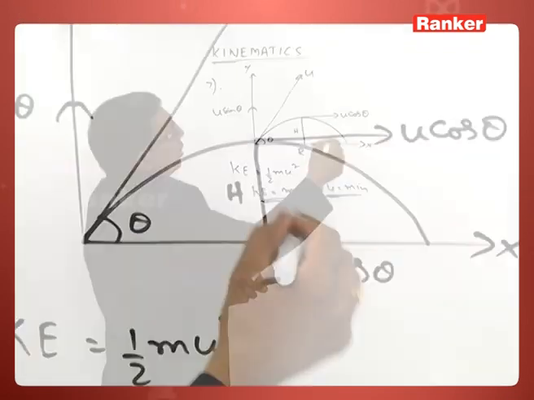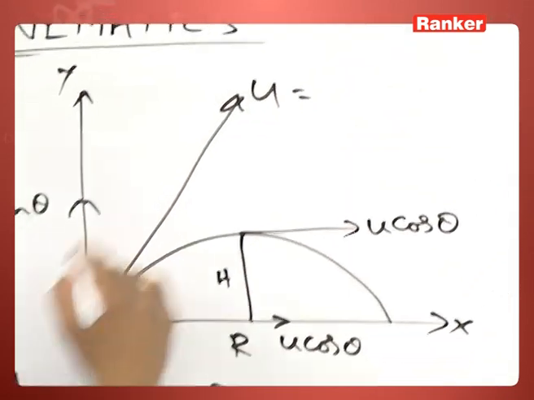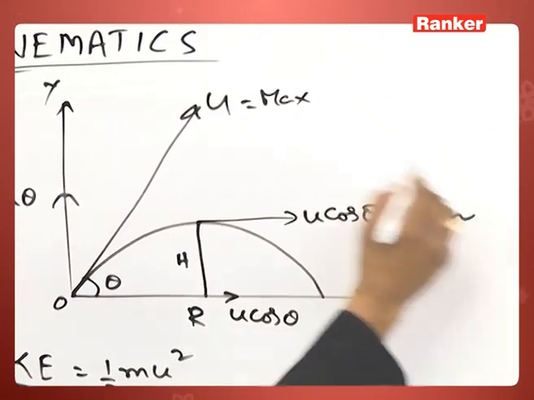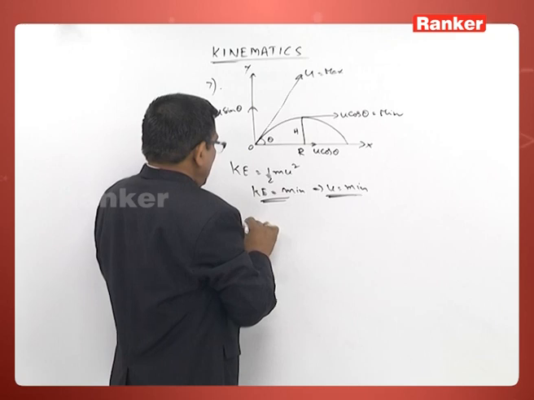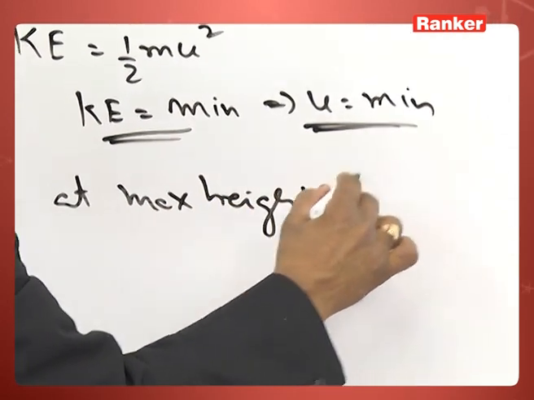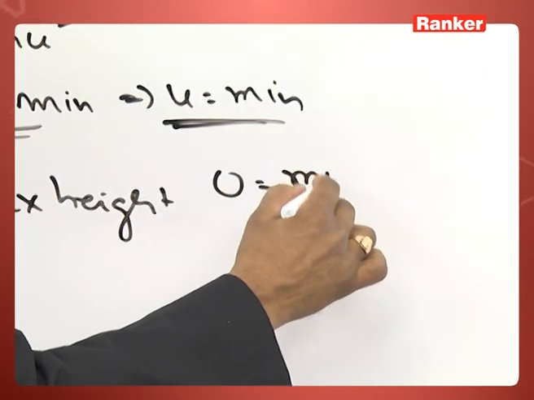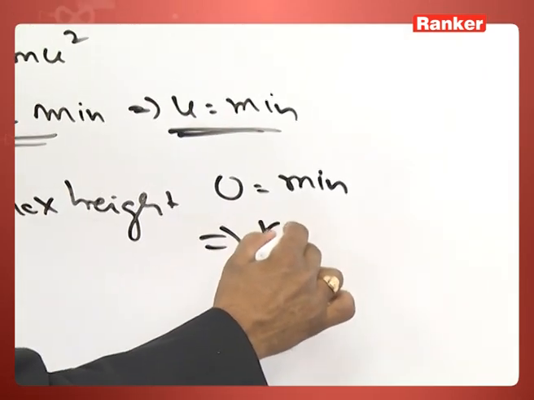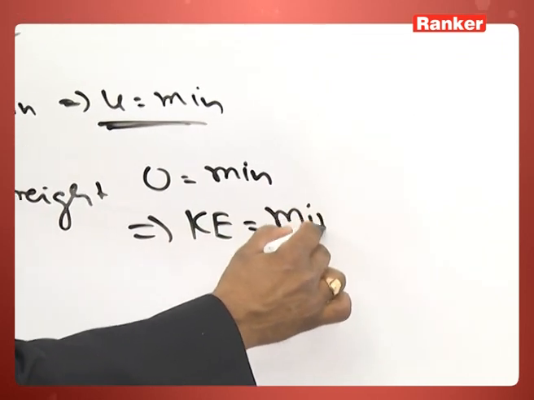If you observe throughout the journey, at the time of projection velocity is maximum, and at maximum height velocity is minimum. So at maximum height u is minimum, that is u cos theta. Therefore, that implies kinetic energy is minimum.